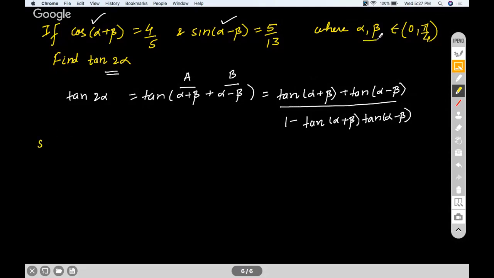Correct? Now, we know that since alpha and beta both lie in the interval 0 to pi by 4, alpha plus beta will also belong to the first quadrant. Okay. This is very important to know because it will decide what will be the sign of the trigonometric ratios that we are going to get.